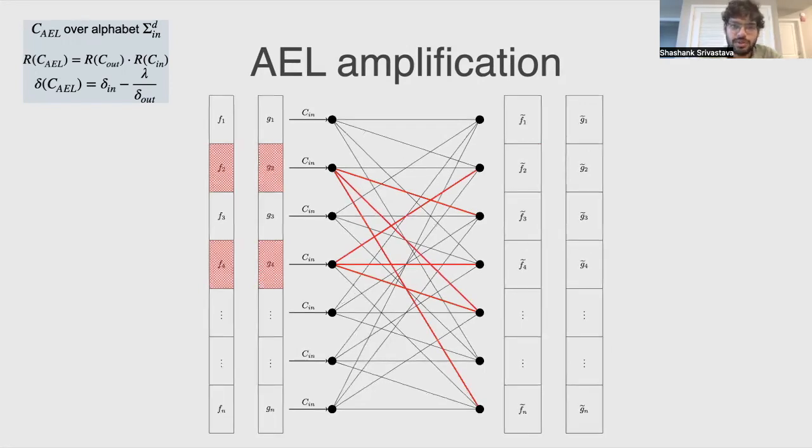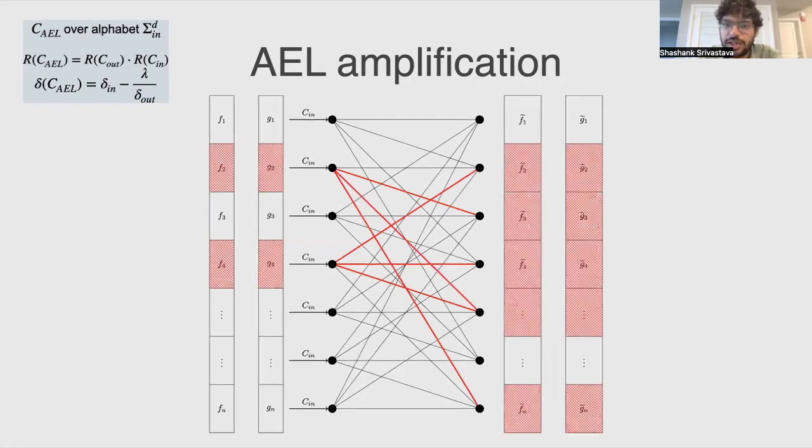These edges are going to be different for F and G. And because of the pseudo-random property of the graph, these different edges are going to touch a lot of right vertices. Wherever even a single differing edge touches, that right vertex is going to be counted as a difference between F tilde and G tilde. So on the left, these difference edges might be very concentrated on a few vertices, but thanks to the pseudo-random property, they cannot be very concentrated on the right.